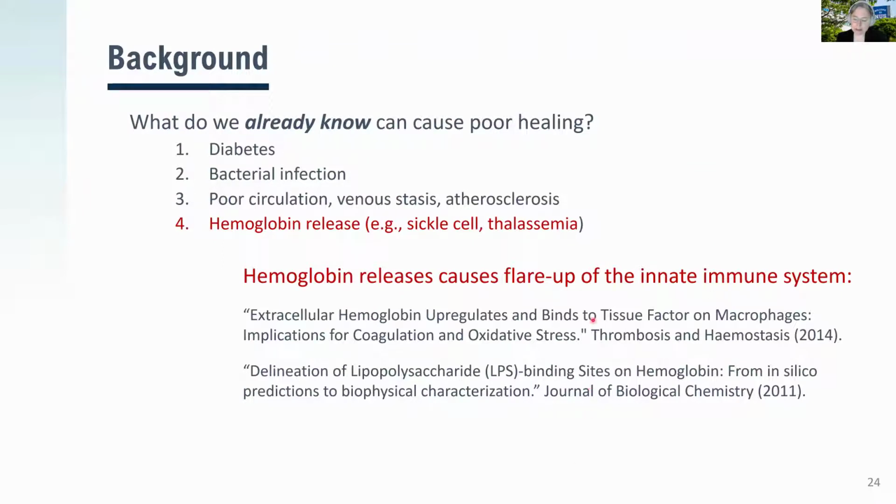And in addition to that background, I have some previous work of my own. These were originally modeling studies that then looked at how hemoglobin release can cause a flare-up of the innate immune system, because what happens is the immune system weaponizes the hemoglobin as an antimicrobial toxin. So the body has a lot of systems for clearing away debris, for clearing away toxins.